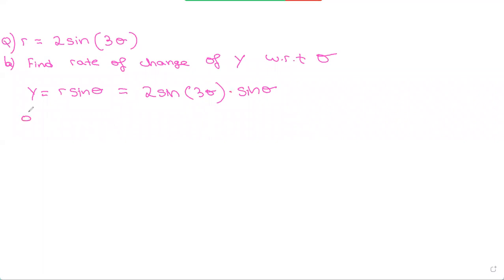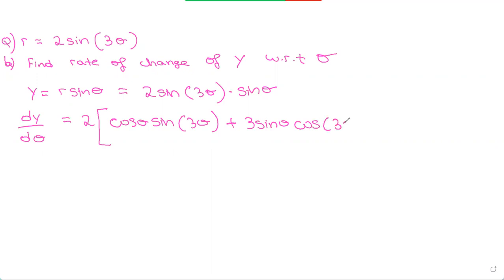Now we differentiate y with respect to theta. That gives us 2 times cosine theta sine 3 theta plus 3 sine theta cosine 3 theta.